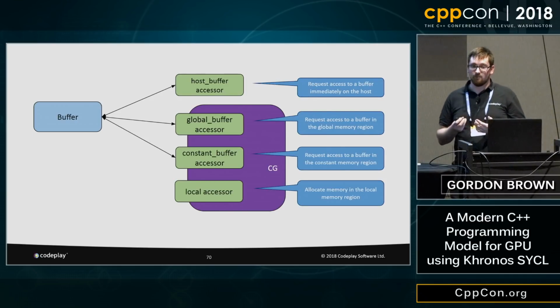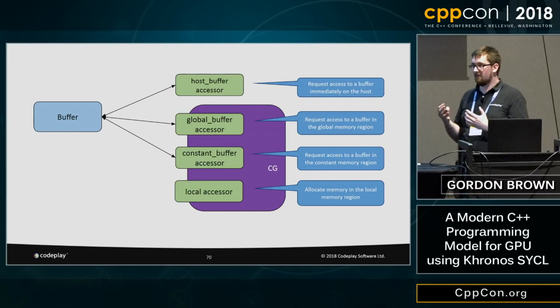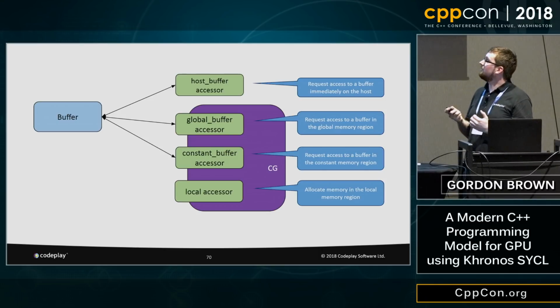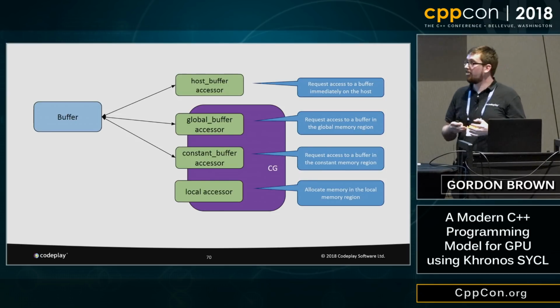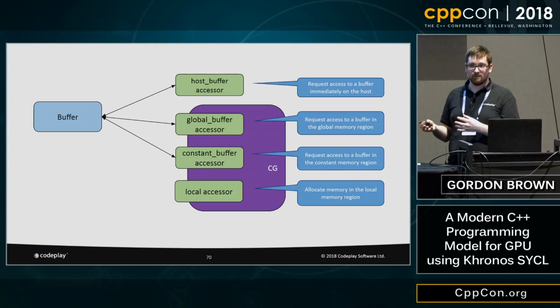So one of the properties the accessor allows you to specify is where you want the data to be. As we saw before, there are quite a few different memory regions on a GPU where you can put your data. First of all, you can ask for host access to the buffer, which gives you immediate access to the data on the host, not on the GPU at all. And then you can ask for a global accessor. That gives you access to the memory in the global memory region. And you can also ask for a constant accessor.